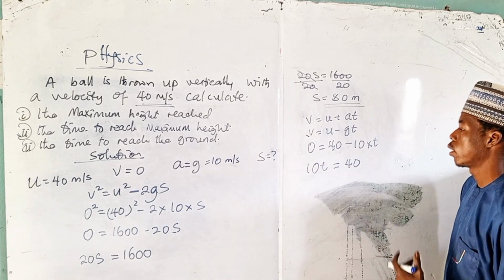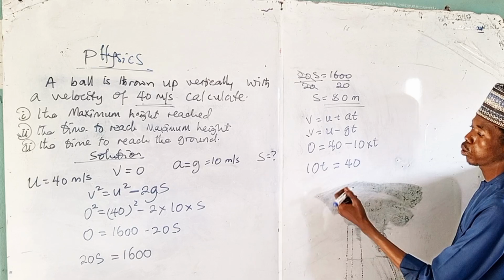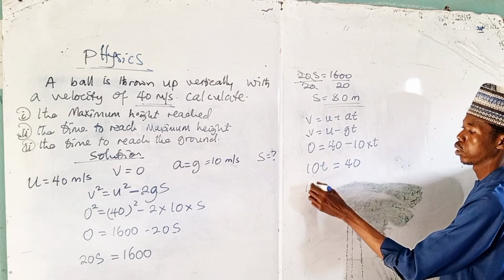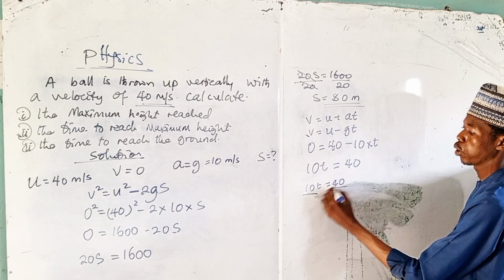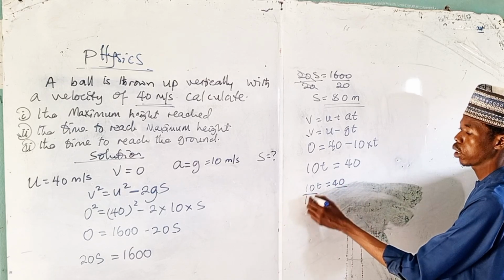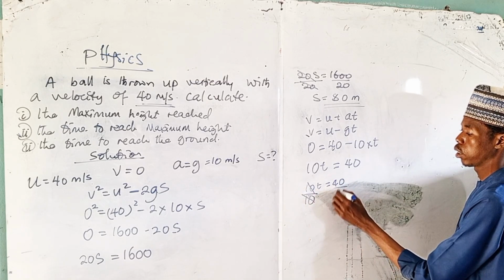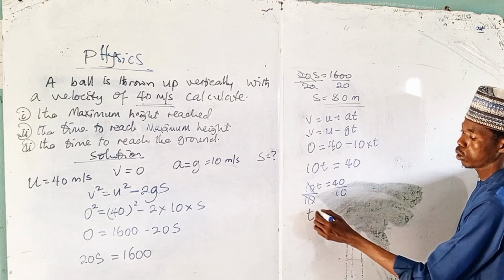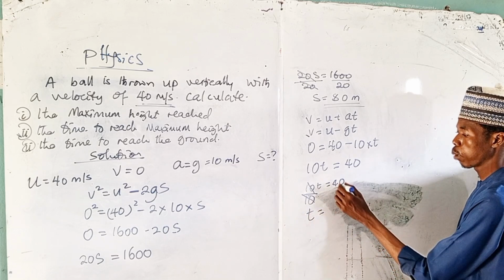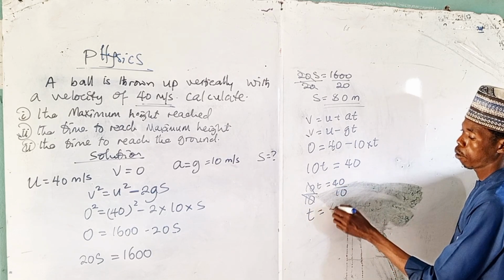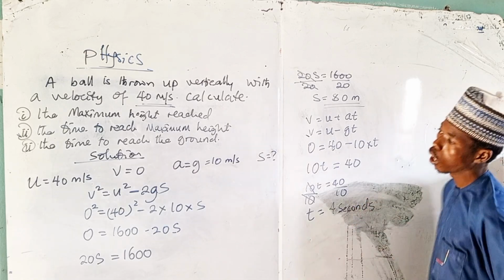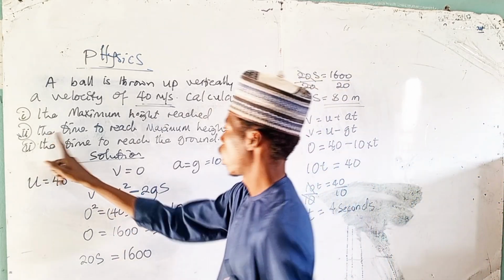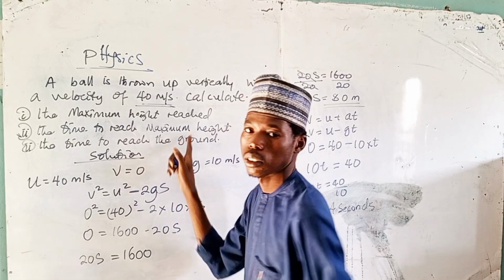Now we want to find time. We will divide both sides by the coefficient of t, which is 10. 10 cancels 10. Now we have t alone. 40 divided by 10 is 4 seconds. Now we find the time to reach the maximum height.